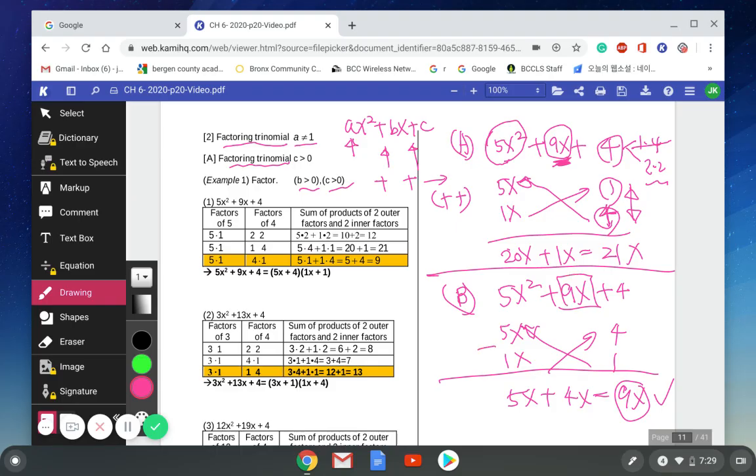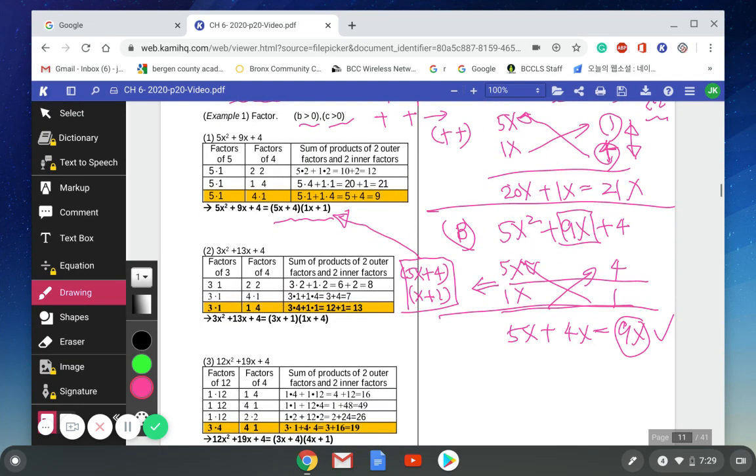So this setup of factoring is the correct factoring. So 5x plus 4 with x. Instead of 1x, you put x. x plus 1 is the correct factoring. So not only do you try 1 and 4, you have to try 4 and 1 as well to make the middle term.